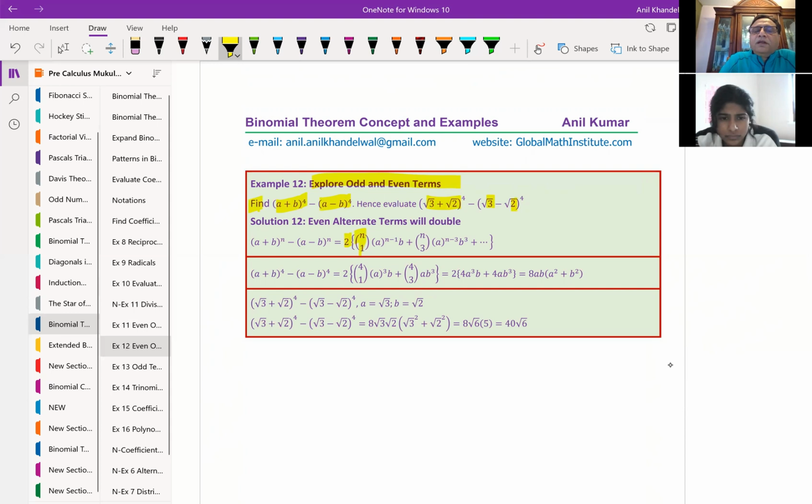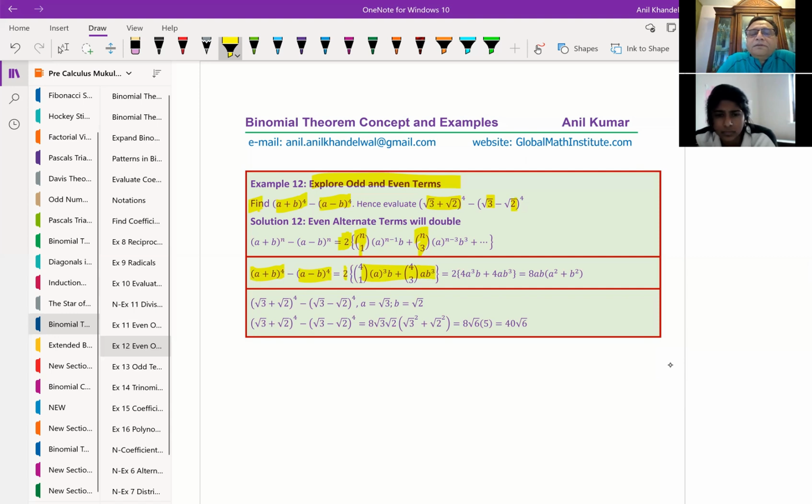Second term is nC1, nC3, likewise, correct? So we get those terms which will double up. So (a plus b) to the power of 4 minus (a minus b) to the power of 4 is 2 times the sum of these even terms, 4C1 and 4C3. We have 5 terms, and out of these 5, these are the terms which are to be included, the even terms.